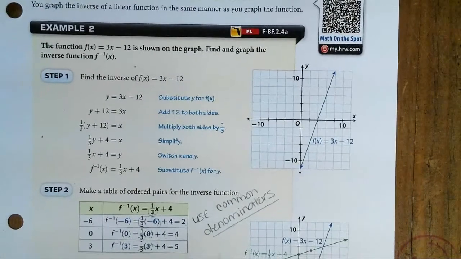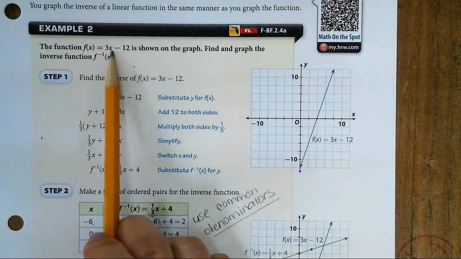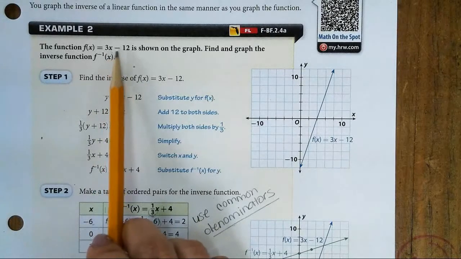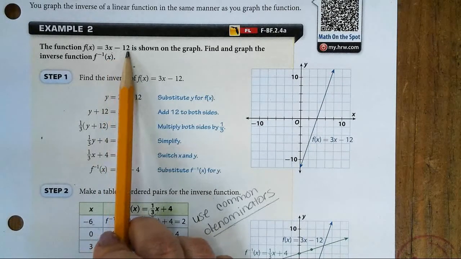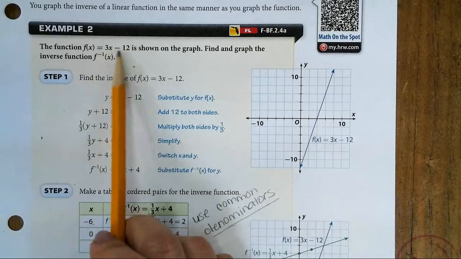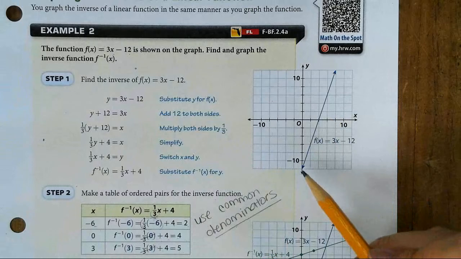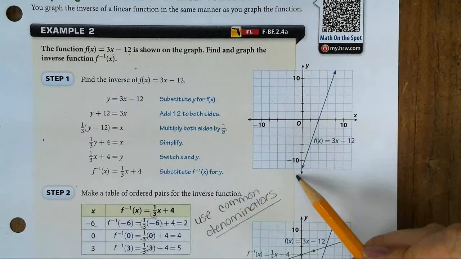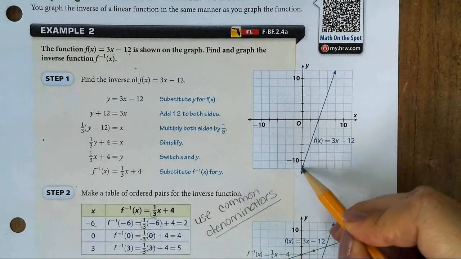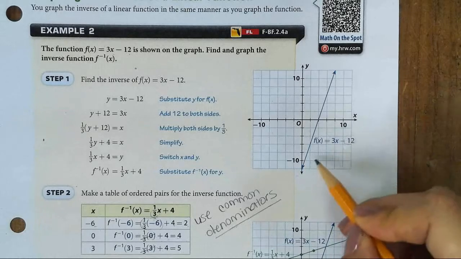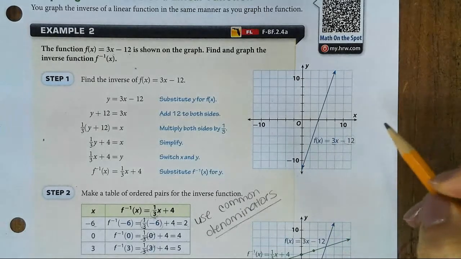And so going back to this original function here, you have 3x minus 12. And so the graph of this line is already here in blue, and now you can't really tell, but if you were to continue going down here, this intercept is that -12, and so you have a slope of +3.